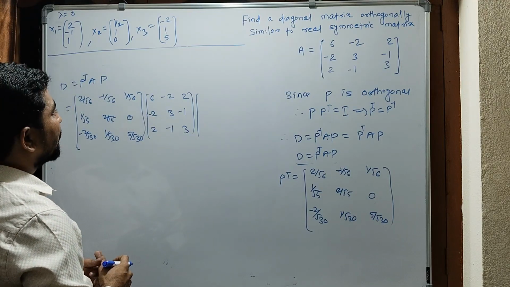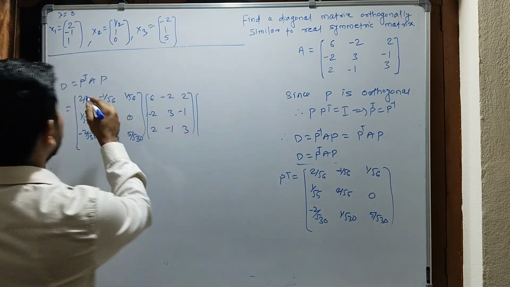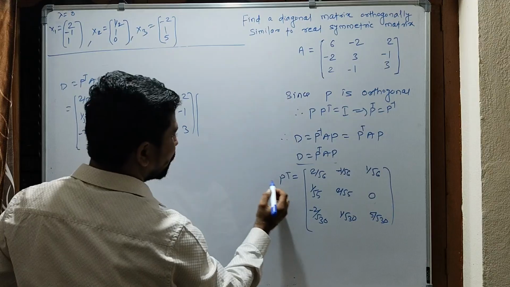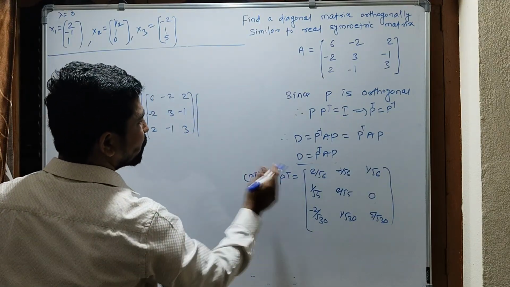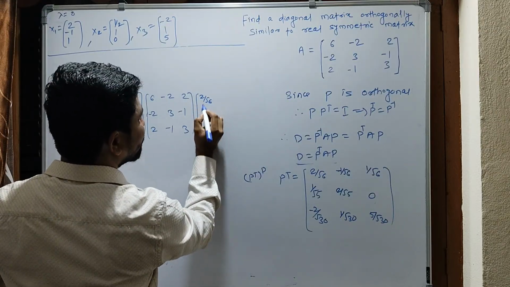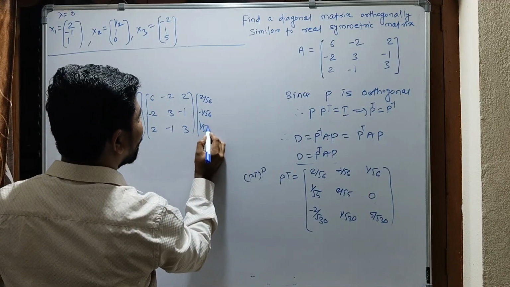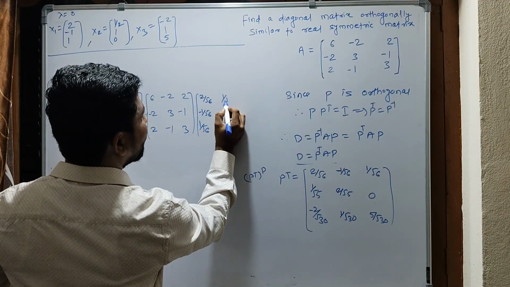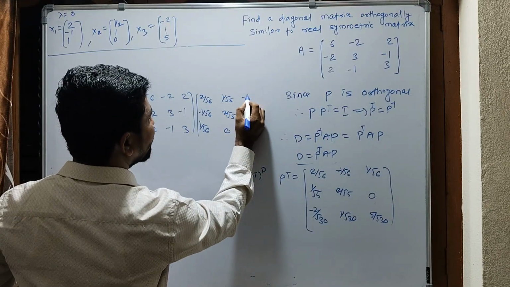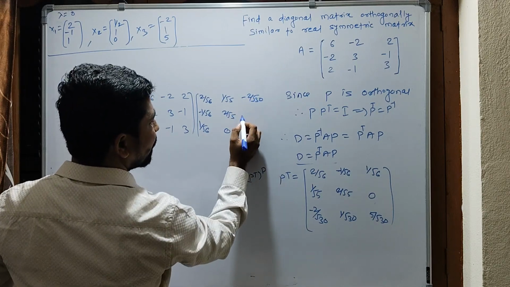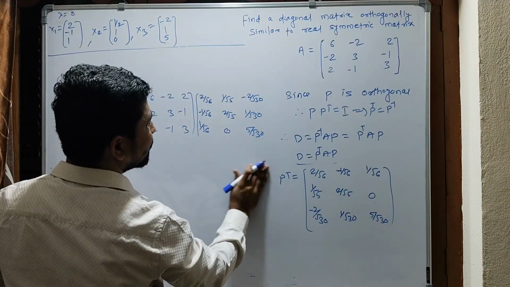Since this is P transpose, you can take the transpose of P. Taking the transpose of P transpose, you will get P. So the first column is 2 by root 6, minus 1 by root 6, 1 by root 6; then 1 by root 5, 2 by root 5, 0; and minus 2 by root 30, 1 by root 30, and 5 by root 30. This is my P matrix.